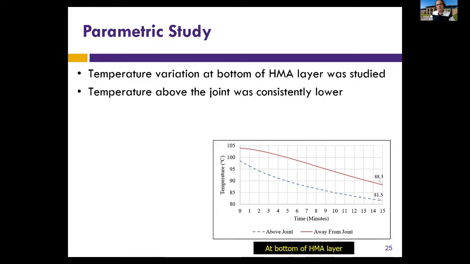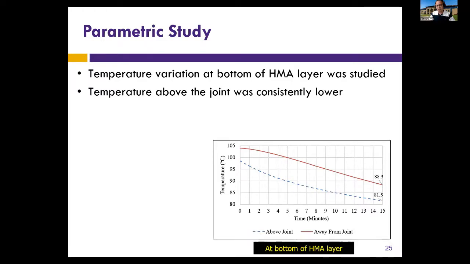And you can see there is a significant difference at the joint and away from the joint. So why is this happening? Because first, at the bottom of the overlay, you have more temperature loss because your underlying concrete layer is not heated. So you have significant loss to the concrete layer.